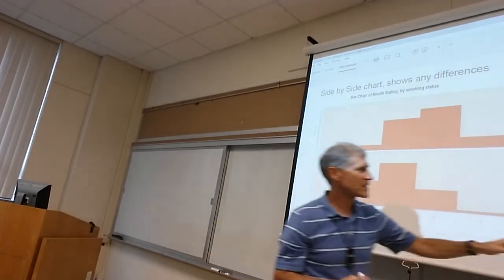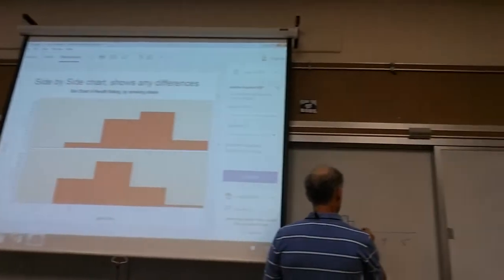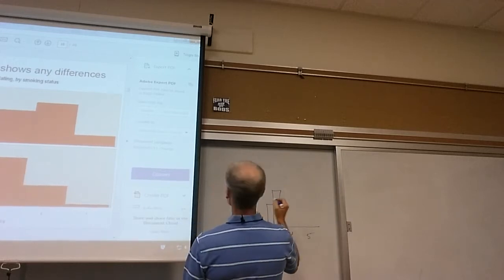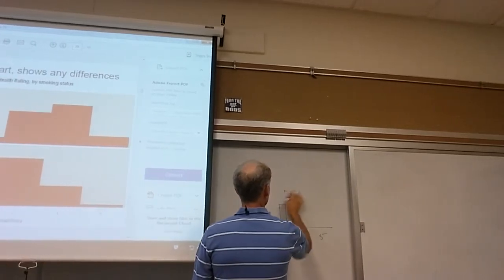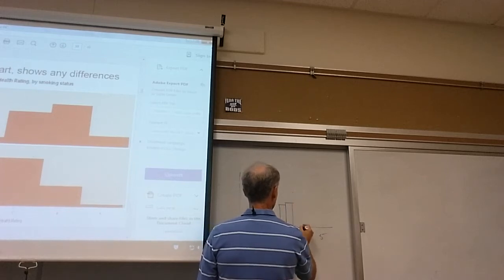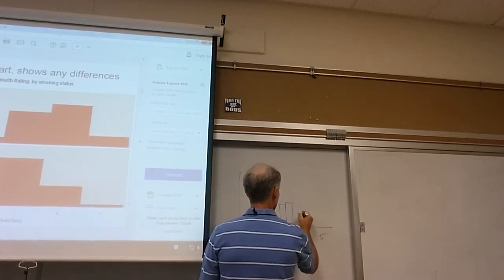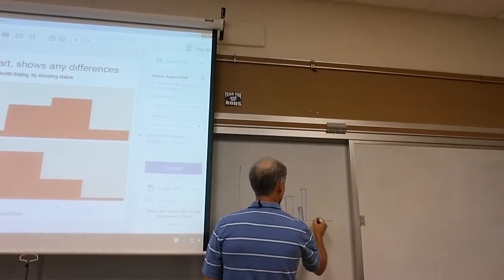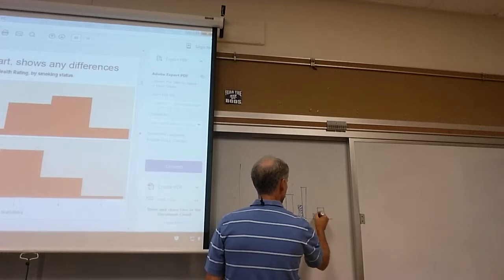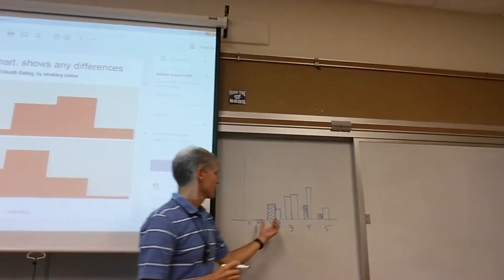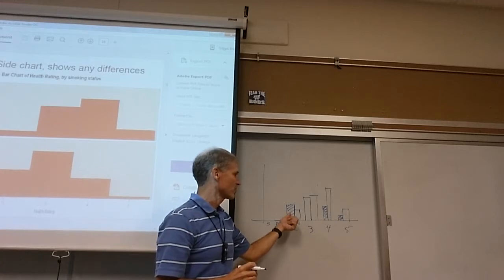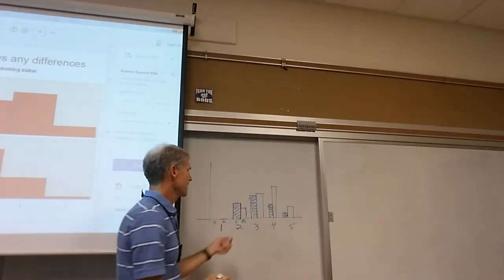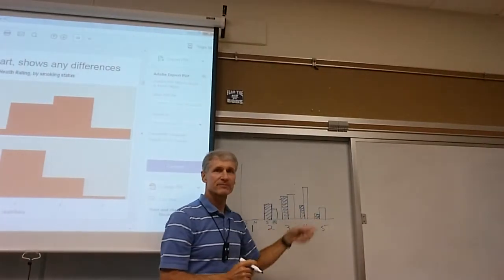Right? You'd see the same thing here. The way it works is actually those I think are fairly even at the 3, and then at the 4 and the 5 it looks kind of like that, where the smoker bar is taller in the early lower ratings, and then it flips, right?